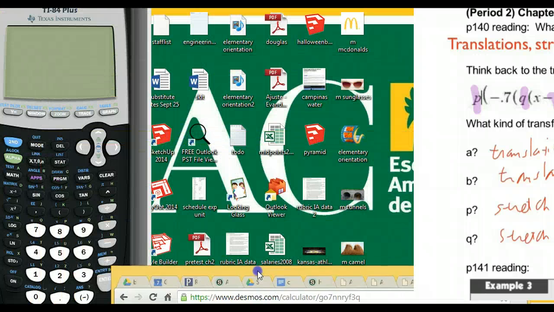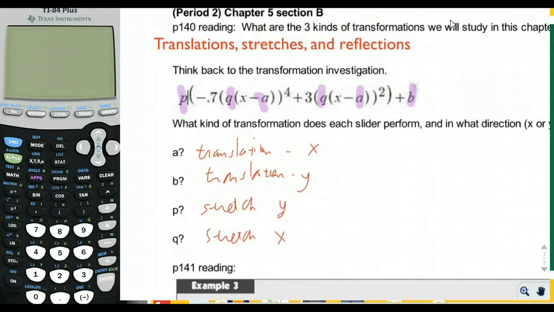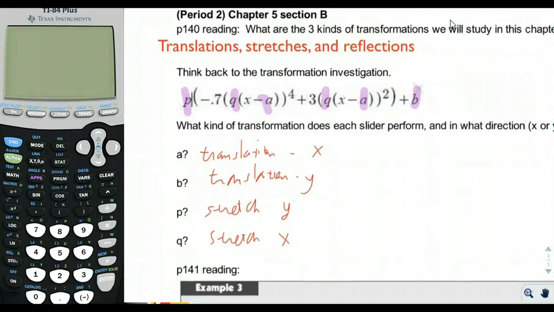Okay, and so those are the four main translation stretches. There's also reflections, which we didn't do in the investigation, but reflections are something we worked with in inverse functions, right? When you reflect a function about an axis, it turns upside down, or it becomes a mirror image of itself, left and right.